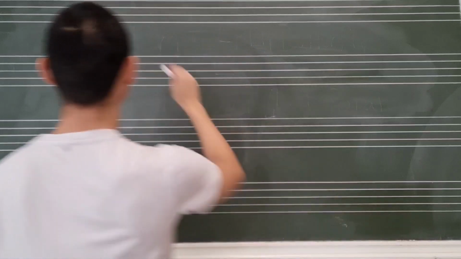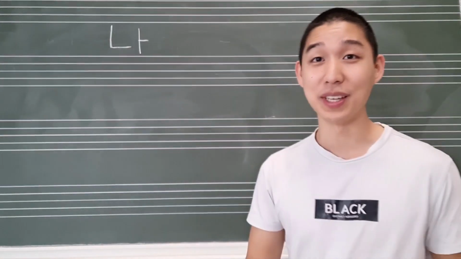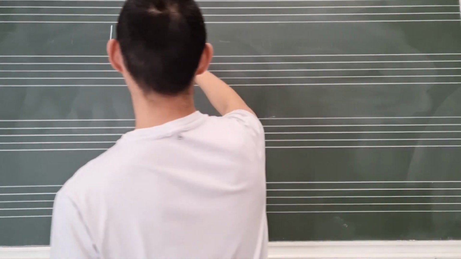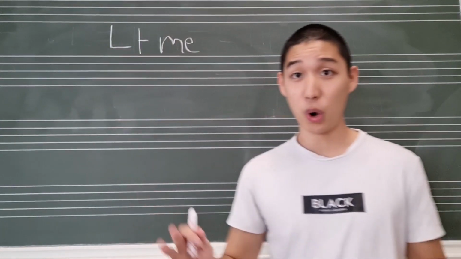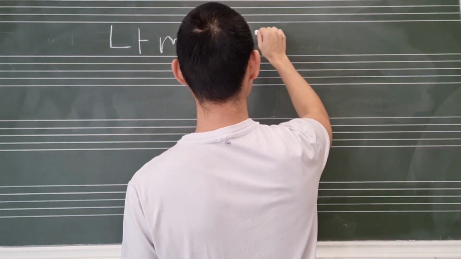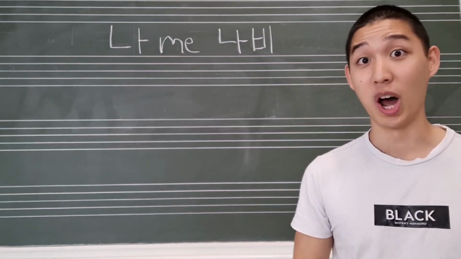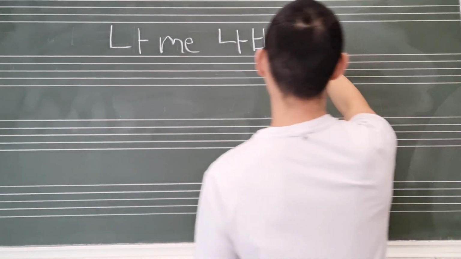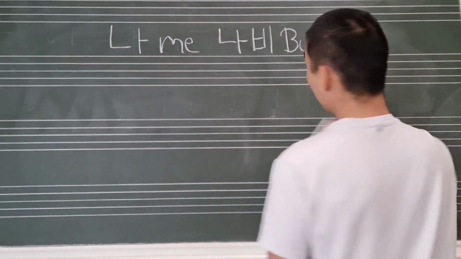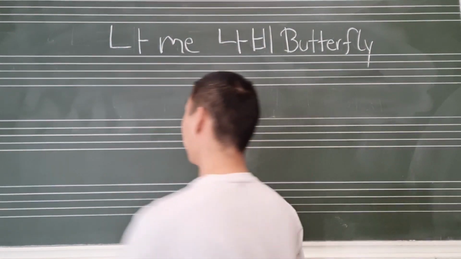Okay, let's practice some words with Nieun. The first one is na. Na means me. Next word is nabi. Do you know what nabi means? Yes, you're right. Butterfly. Okay. Next word is namja, boy or man.